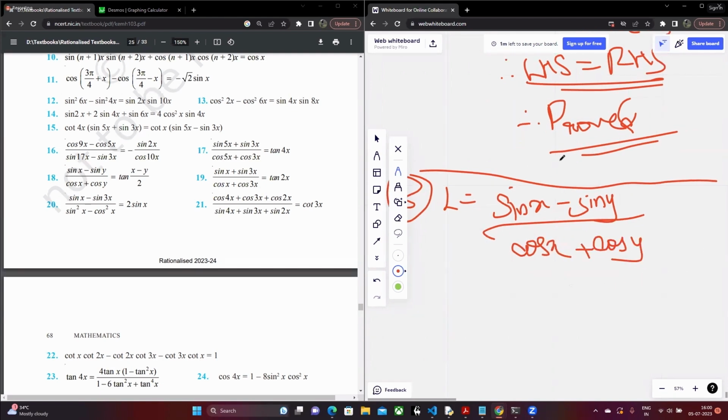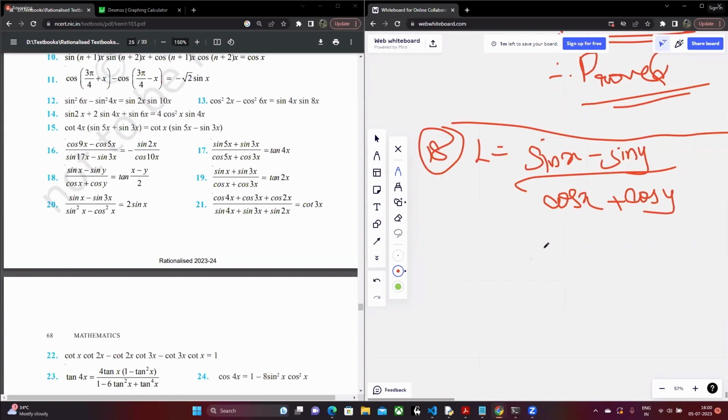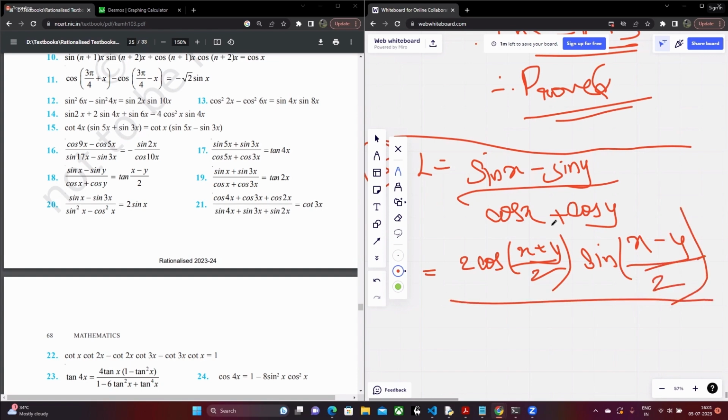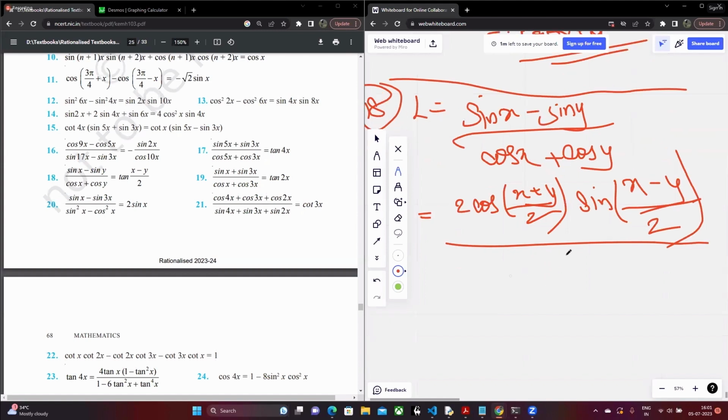This is the formula: sin A minus sin B is going to be 2 cos of (x plus y)/2 into sine of (x minus y)/2, whole divided by cos x plus cos y. Remember the formula again, it is going to be 2 cos of (x plus y)/2 into cos of (x minus y)/2.